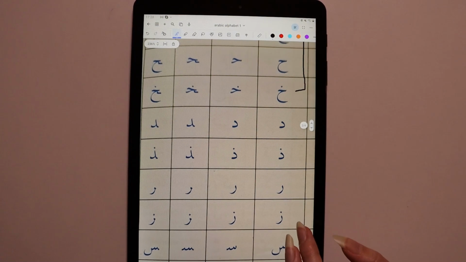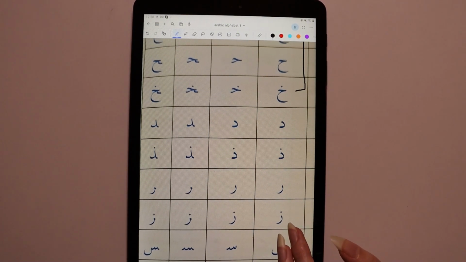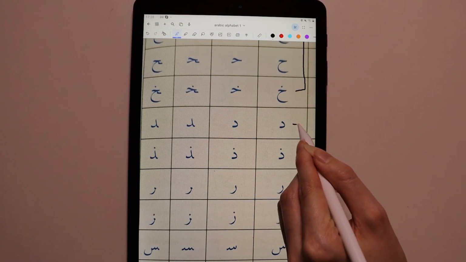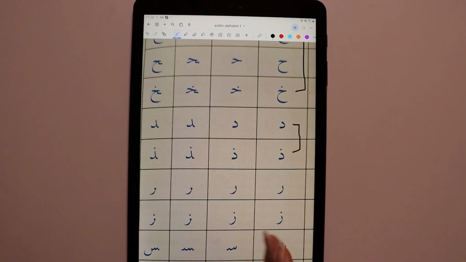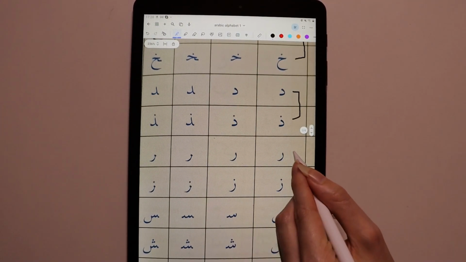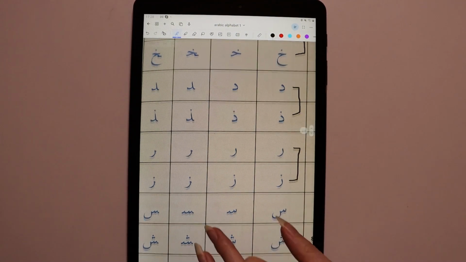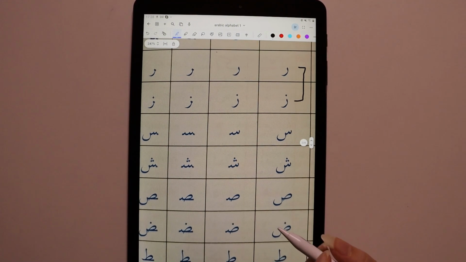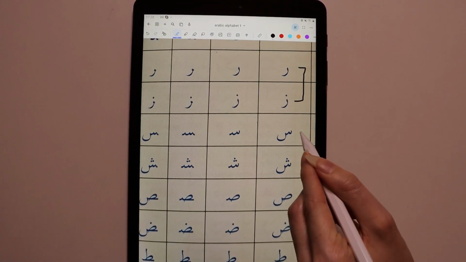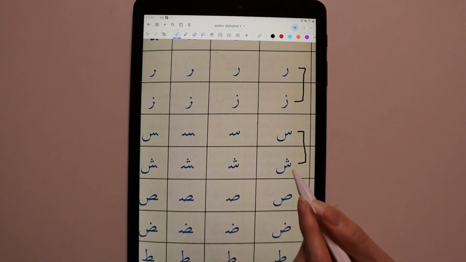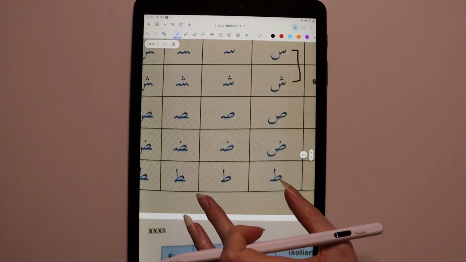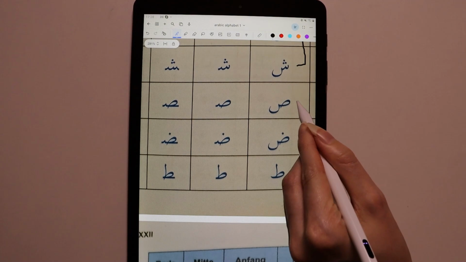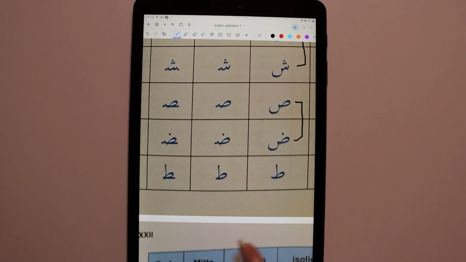These 4 letters look really similar to each other, but these 2 are written the same except for the dot, and these 2 again. And then we have 2 more letters which again look the same, and the dots make the difference. And then again 2 more letters which look exactly the same, but 1 dot makes a difference.